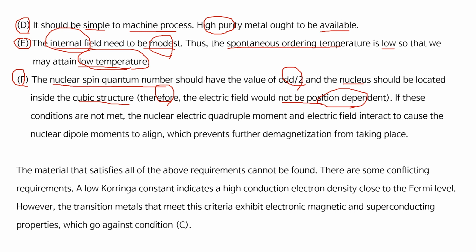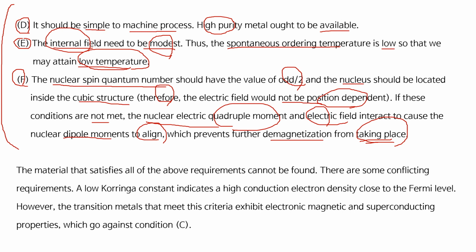If these conditions are not met, the nuclear electric quadrupole moment and electric field interact to cause the nuclear dipole moments to align, which prevents further demagnetization from taking place. So there are several conditions for a better refrigerant for the nuclear demagnetization cooling.